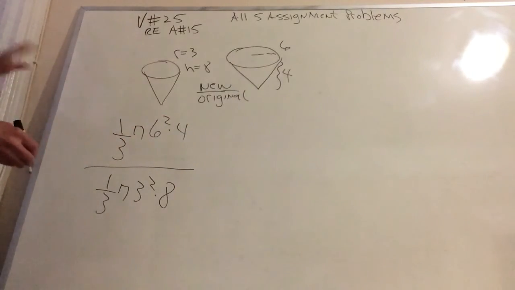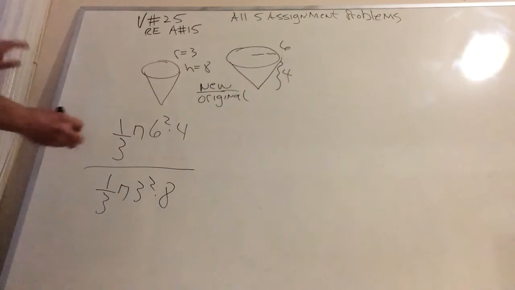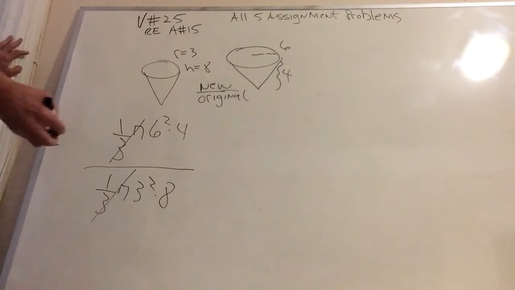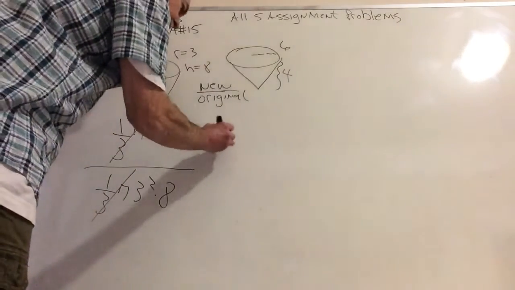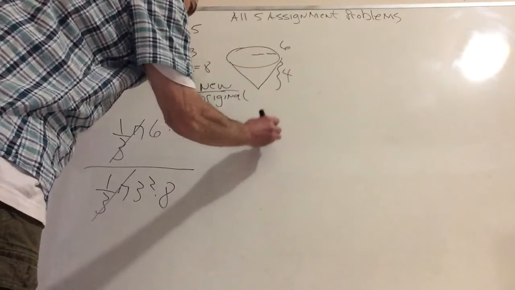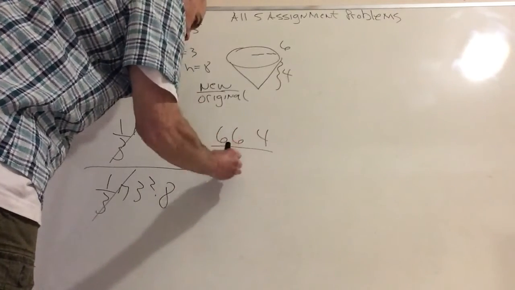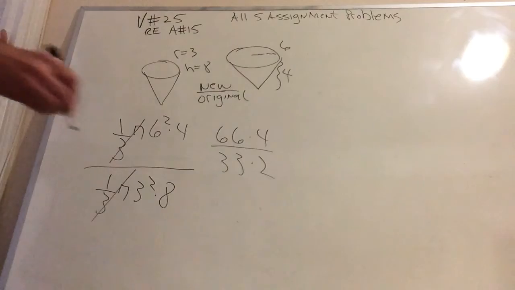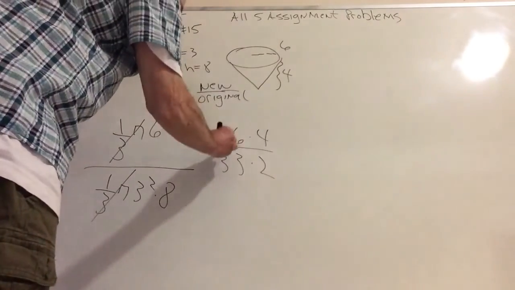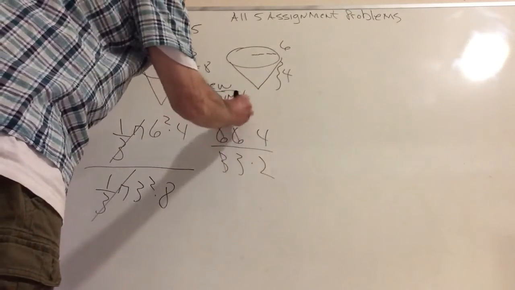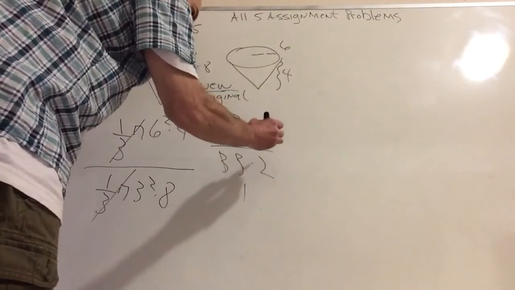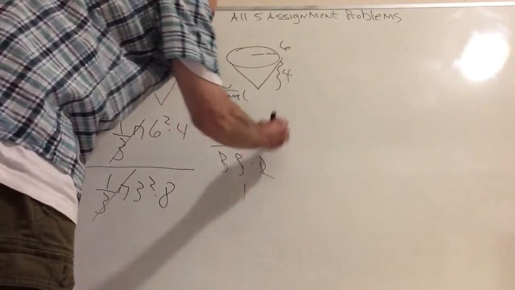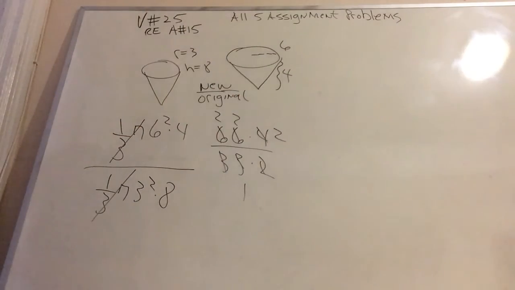But anyway, let's watch our video carefully here. 1/3 pi, same numbers always cancel. So now let's write out the 6's, write out the 3's, okay? And there we go, 2 to 1, 2 to 1, and 2 to 1. Everybody see what I did?